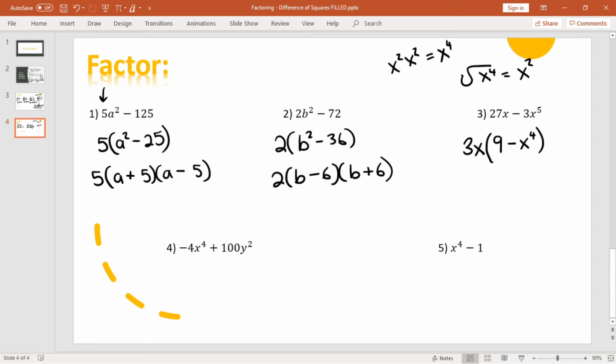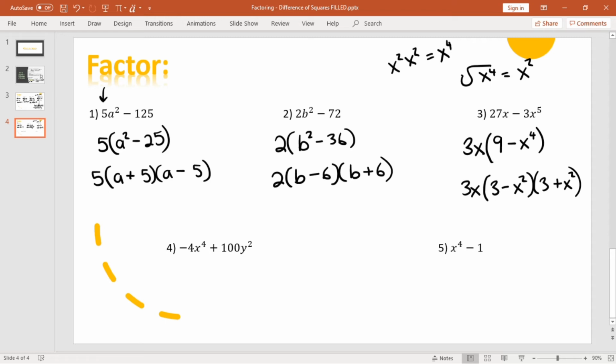All those even exponent variables will be perfect squares. Okay, the numbers first, that doesn't matter. So I'm going to do 3 minus x squared, 3 plus x squared. And that's as far as I can go with this one. Looking at number 4, so you can either take out negative 4.